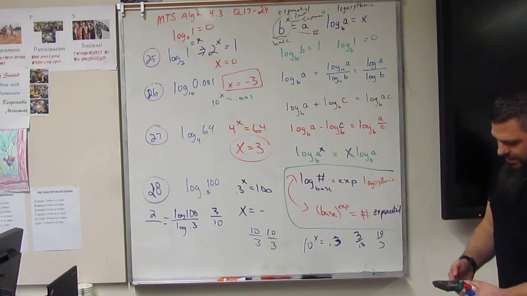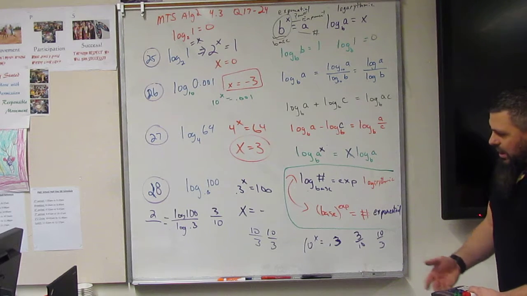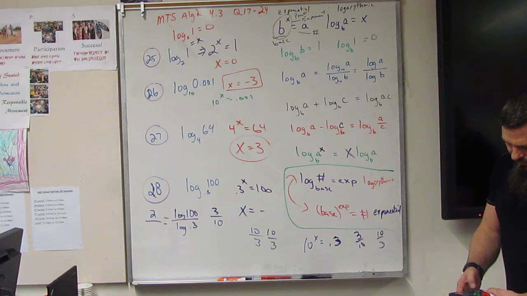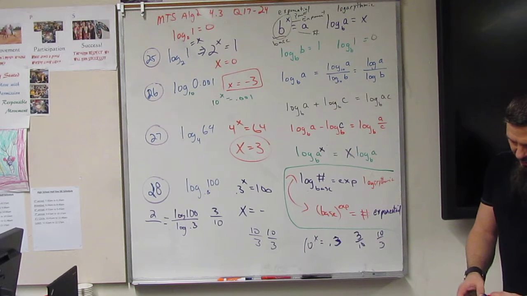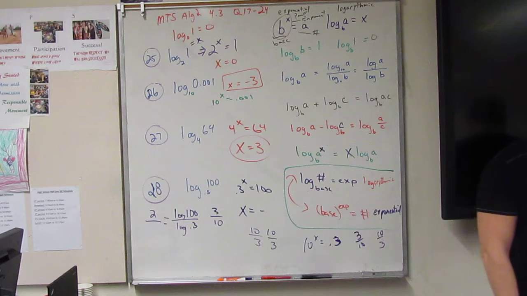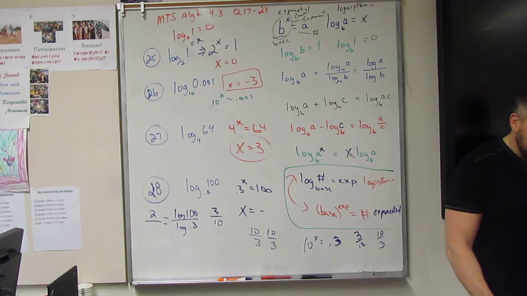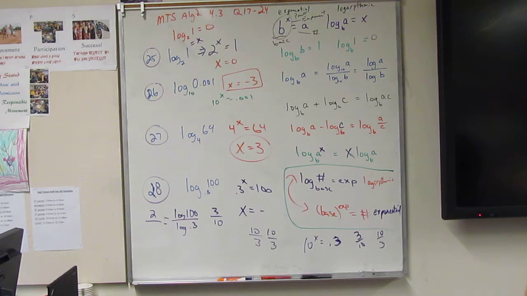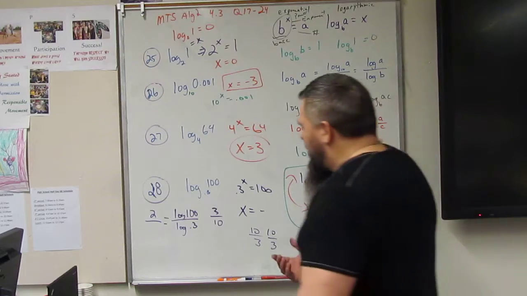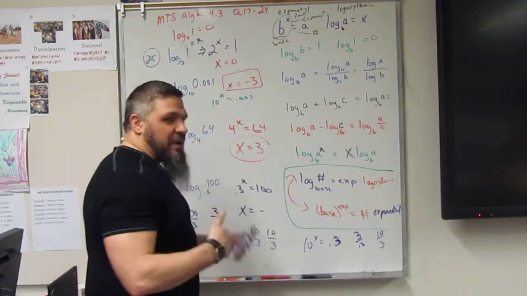So if I take log of 100 and divide it by the log of 0.3, I get negative 3.824978. Well, mental math. Yay, that's going to be fun. Yeah. So at some point you're going to have to round it.